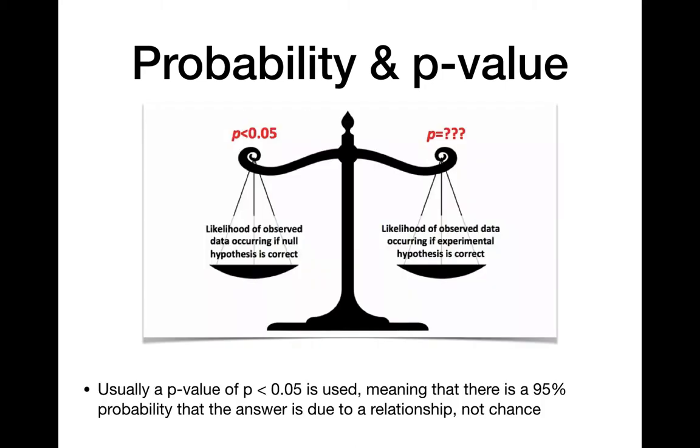Okay, so the likelihood of observed data occurring if the null hypothesis is correct, that's your p-value. If it's less than 0.05, it's due to a relationship between variables and not chance. The smaller your p-value, the better. That means you're more certain that your data is caused by the relationship between the two variables.